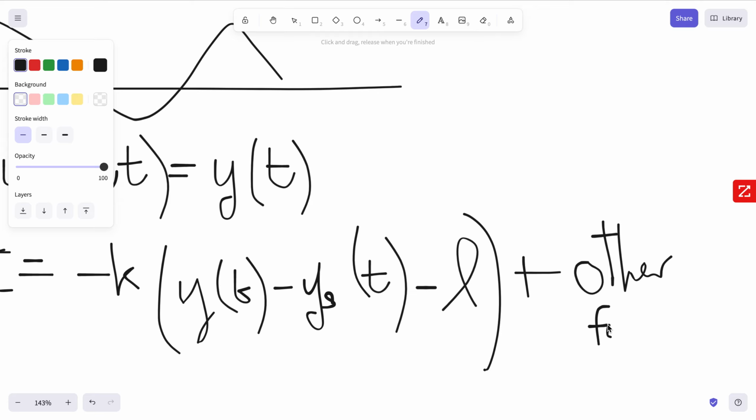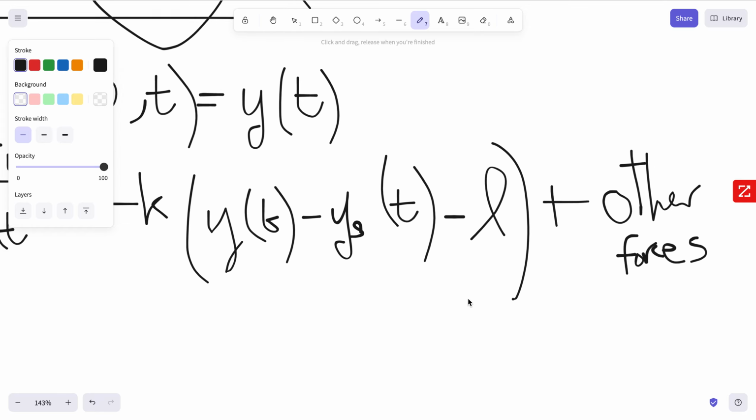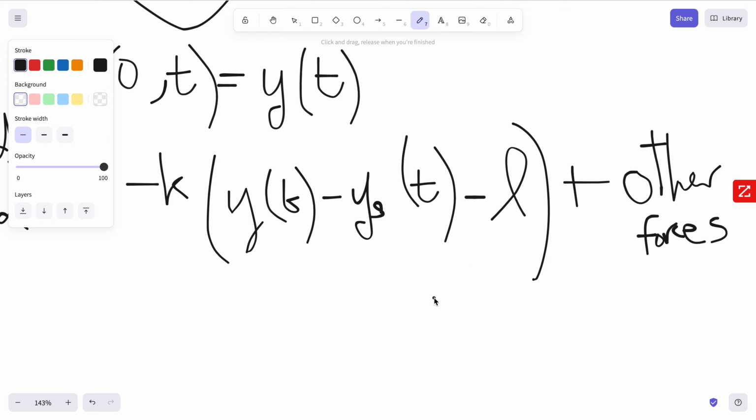And in this case, that other force is the tensile force that we're dealing with.